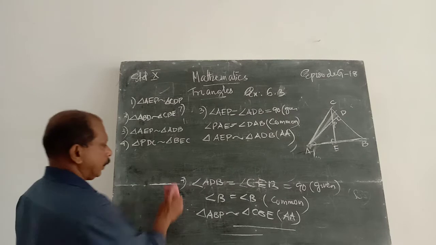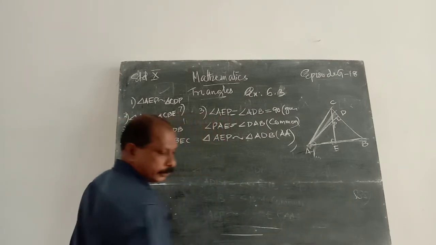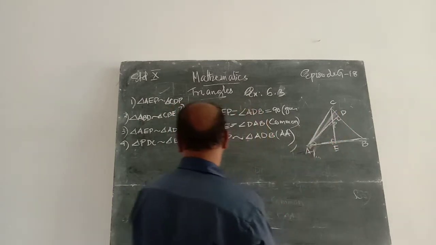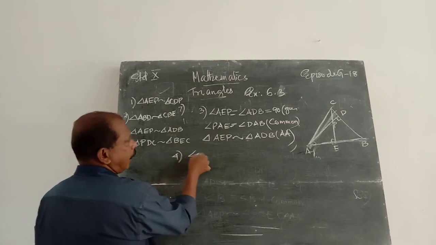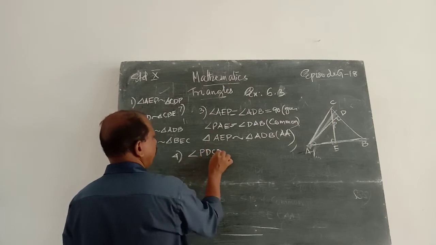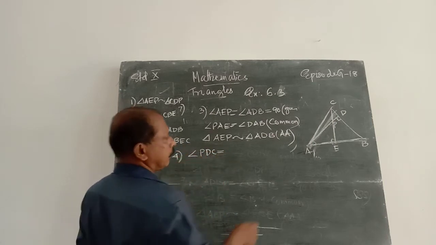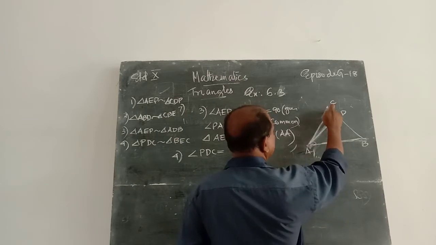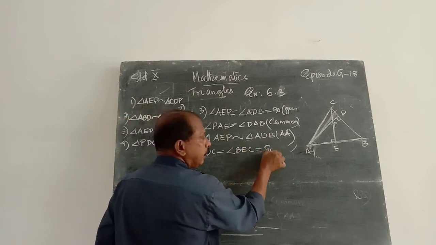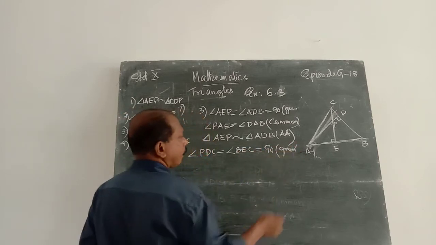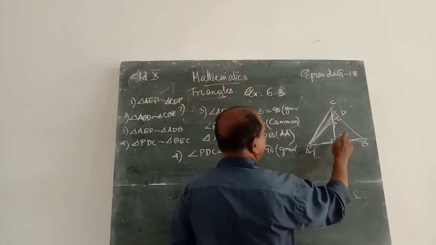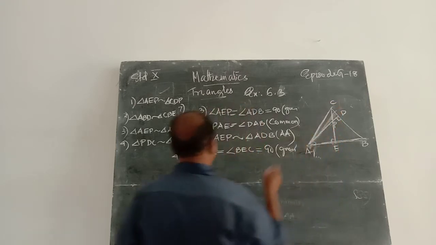Then what is the fourth question? Fourth question is triangle PDC and BEC. Angle PDC is equal to angle BEC, which is equal to 90 degrees. That is good. Therefore, the angles are equal.